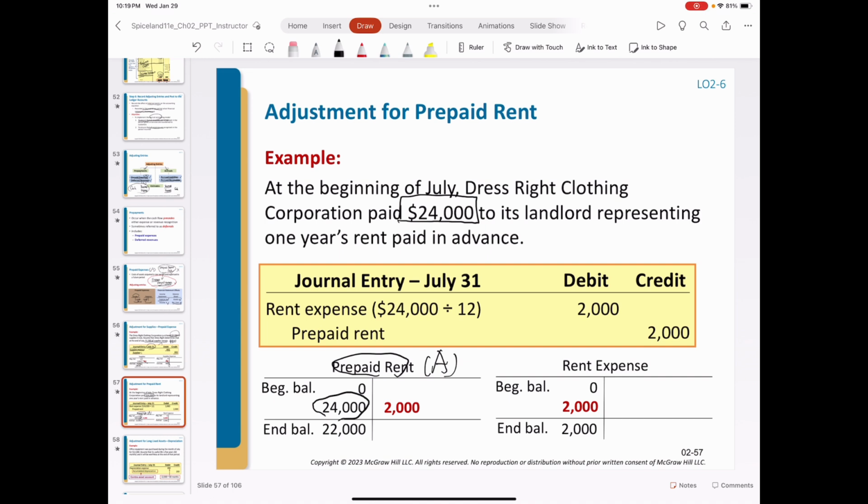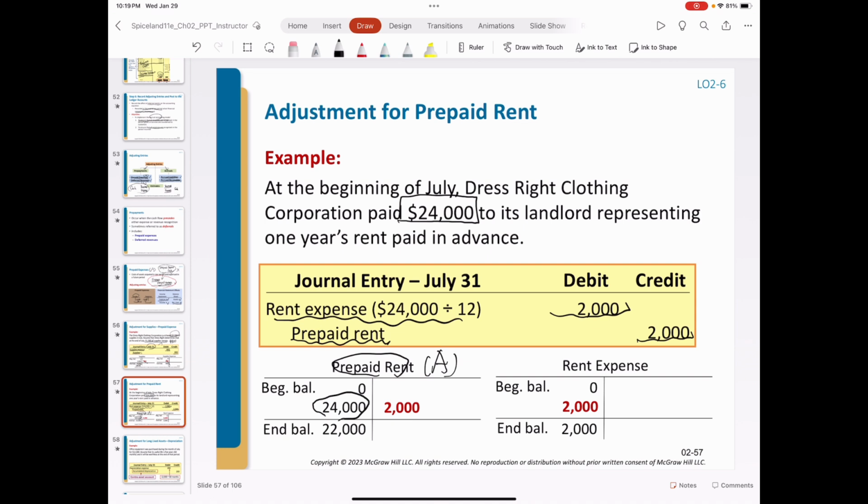So we debit rent expense. How do we calculate it? We just break down the $24,000 into 12 pieces evenly, $2,000 each month. We debit this expense while we credit prepaid rent, an asset.